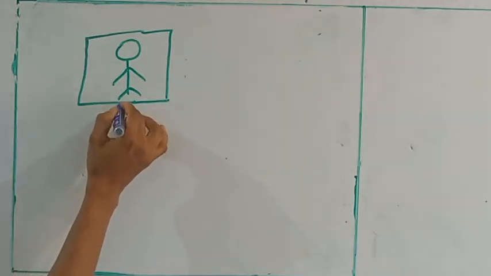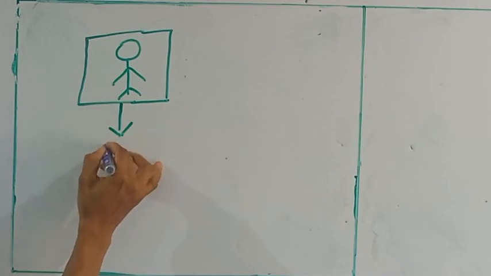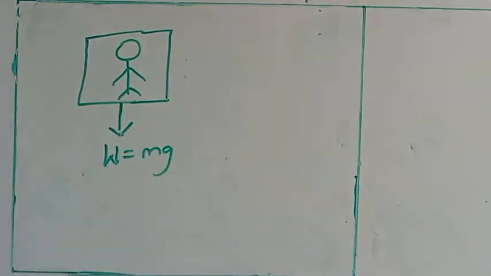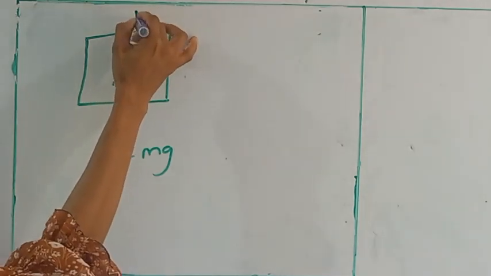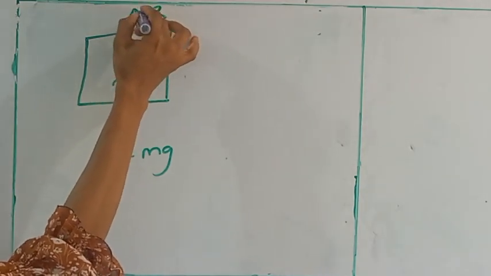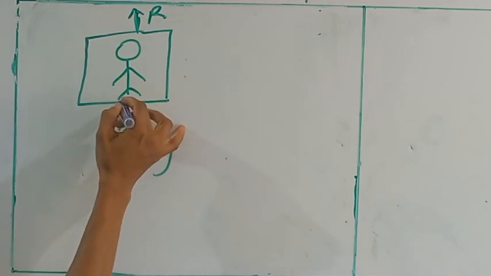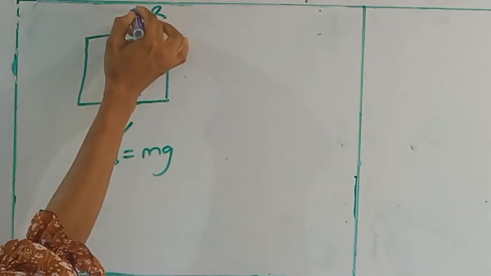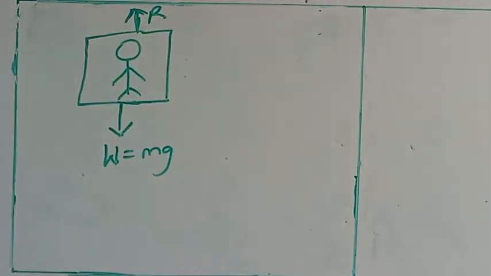The first one is the weight, which is equal to mg, acting downward. Just know that the weight always acts down. And then we have another force, R. That's the reaction force from the floor of the lift acting towards the man, that's R.